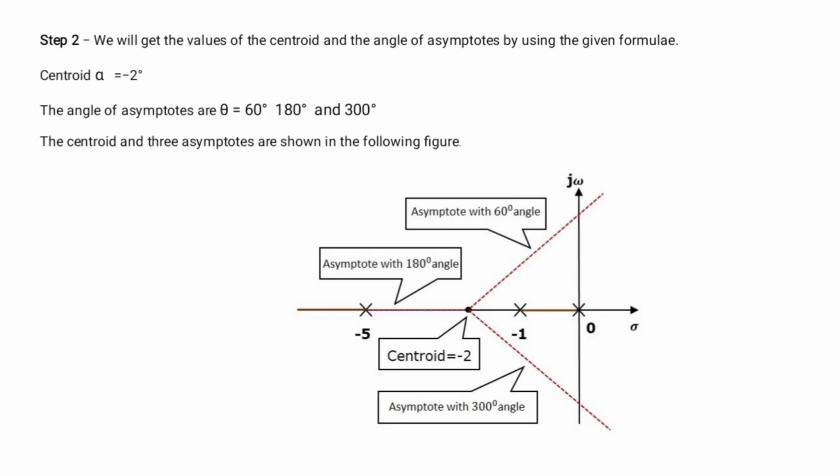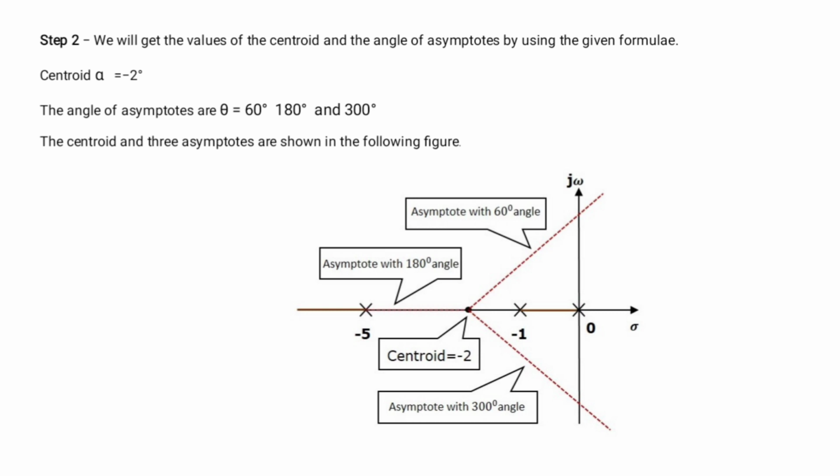Step 2. We will get the values of the centroid and the angles of the asymptotes by using the given formula. Centroid alpha equal to minus 2, because the point where the asymptotes intersect the real axis is called the centroid.